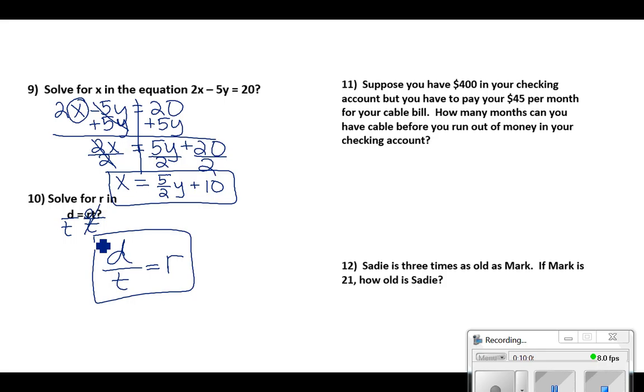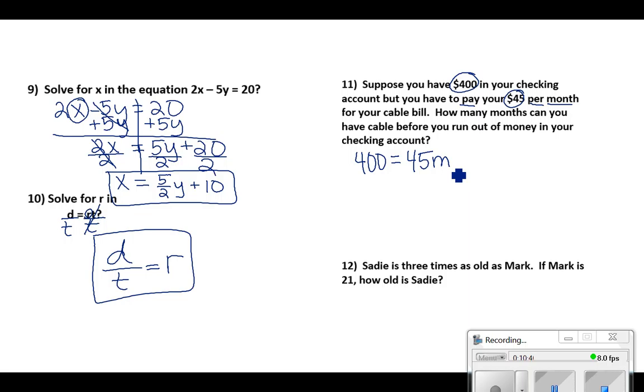Question 11. Say you have $400 in your checking account and you have to pay $45 per month for your cable bill. How many months can you have cable before you run out of money in your checking account? So we're starting off with $400, and we need to see if we pay $45 every month, how long would it take until those equal each other?